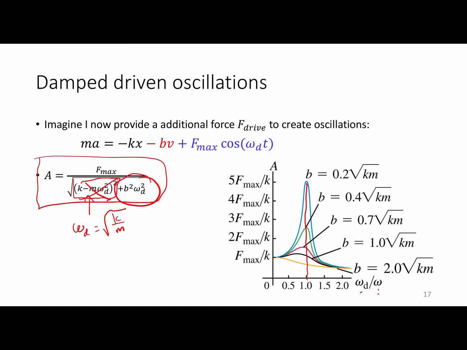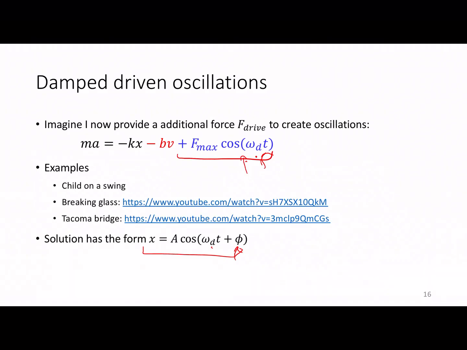And so the only thing preventing me from going to a very, very large amplitude is this damping term. In fact, if there were no damping, this would be infinity. I'd be dividing by 0. So as that damping gets weaker and weaker, I go to larger and larger amplitude of oscillations. And it turns out this phenomenon called resonance can have some pretty cool effects.